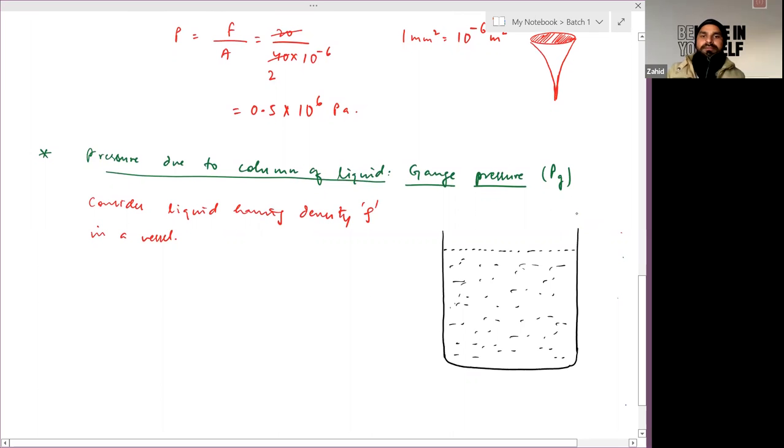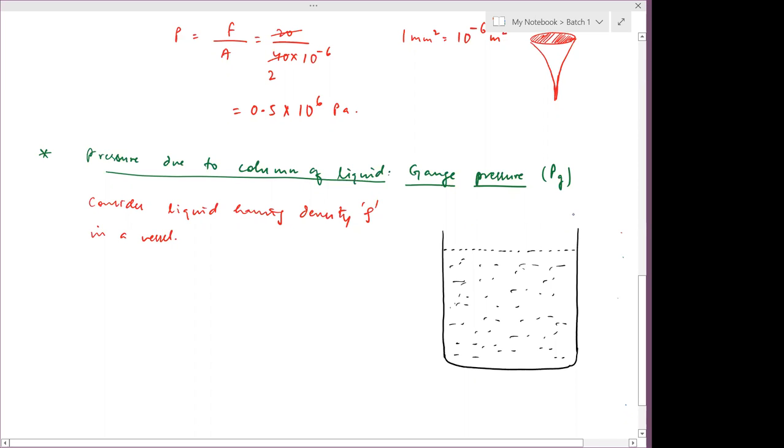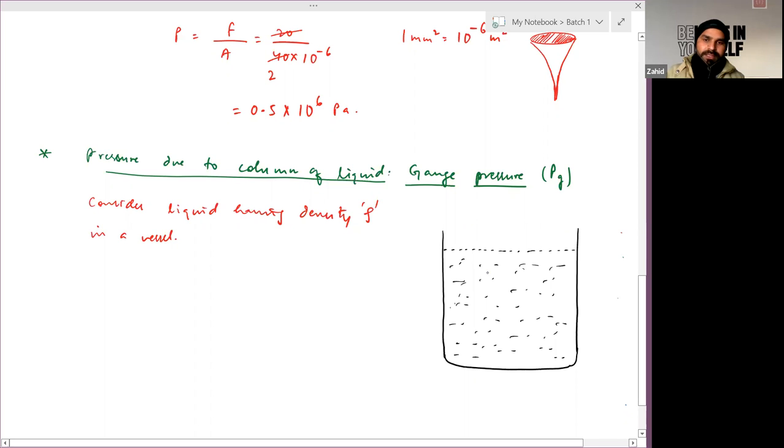Khalid, why will the particles of this liquid be in motion?